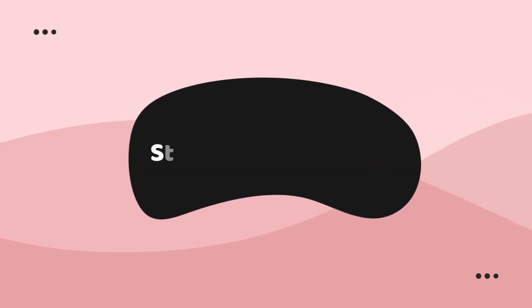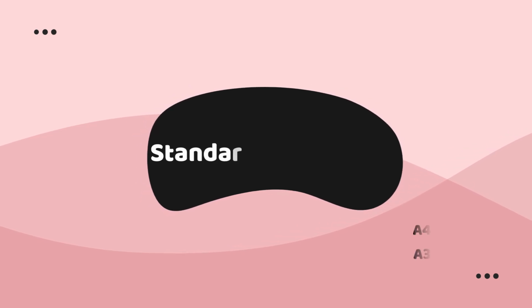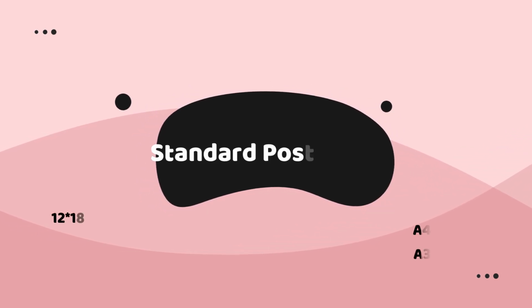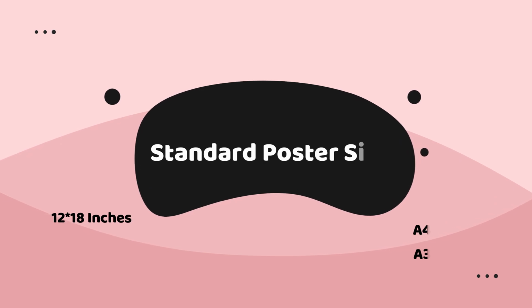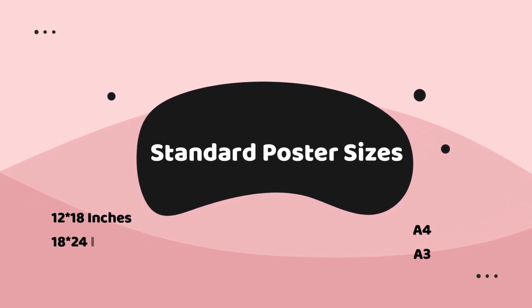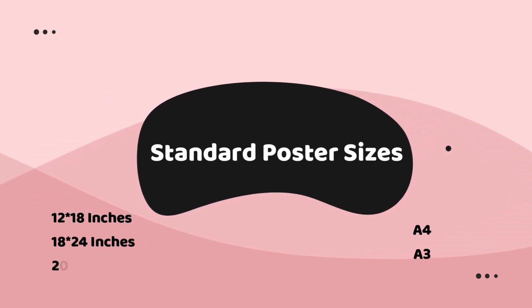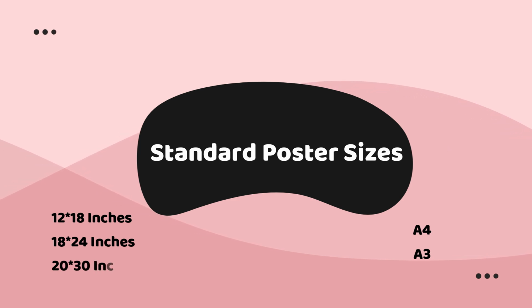Now, before practicing in Illustrator, let's have a look at some standard sizes and mediums for poster design according to which we will design in Illustrator. Although posters are outdoor or print media, advertising posters can be used as digital media also, and movie posters can be placed indoors. So, when designing for the outdoor or indoor print medium, some standard sizes of posters can be used.